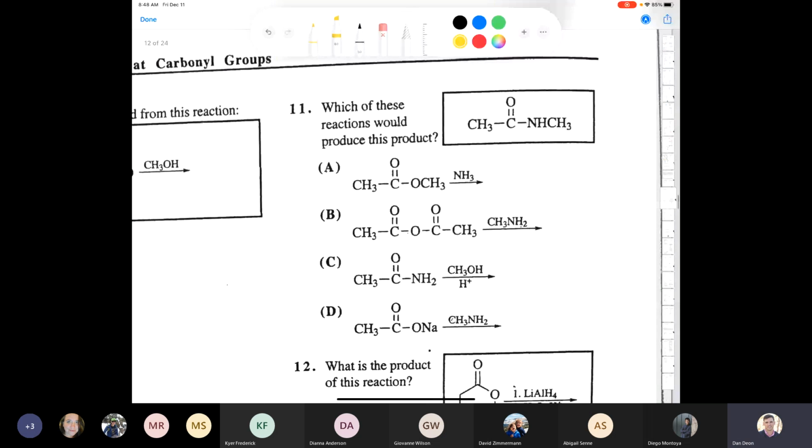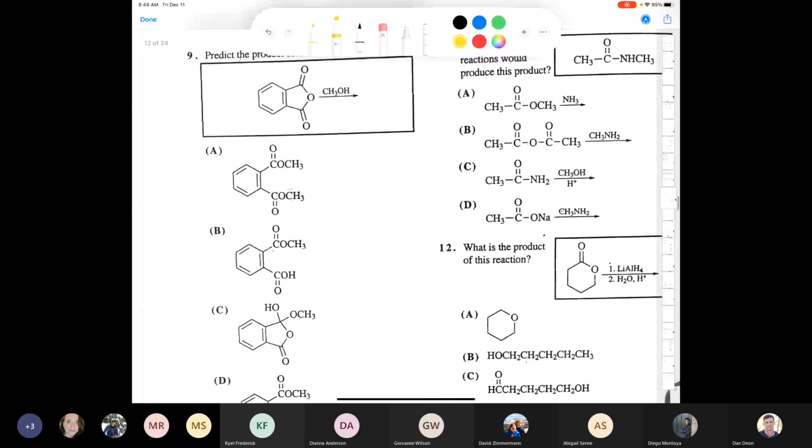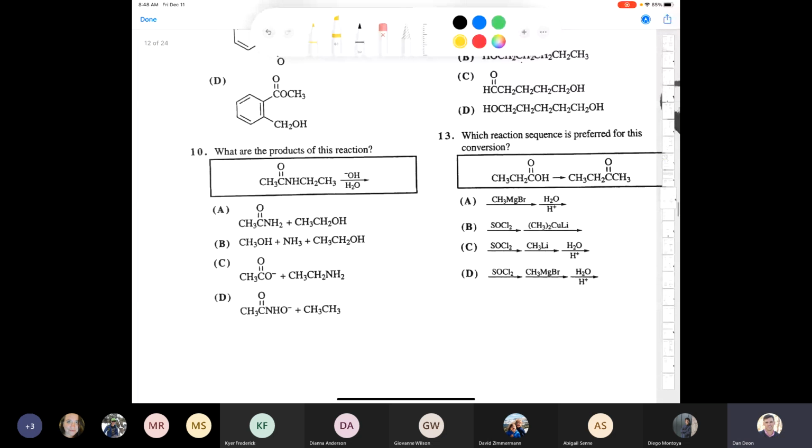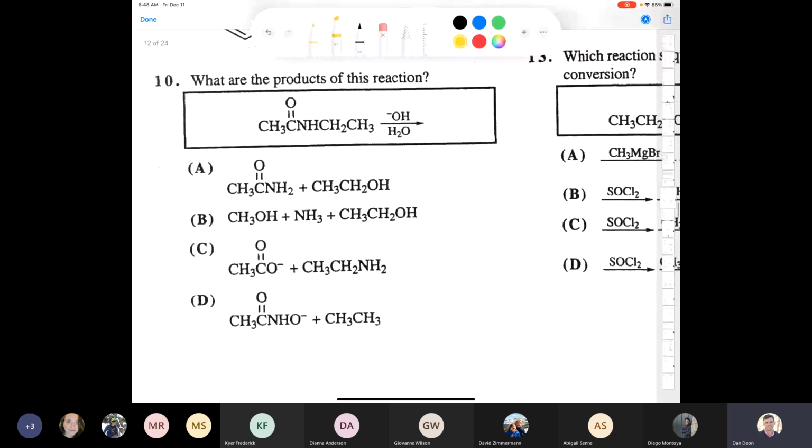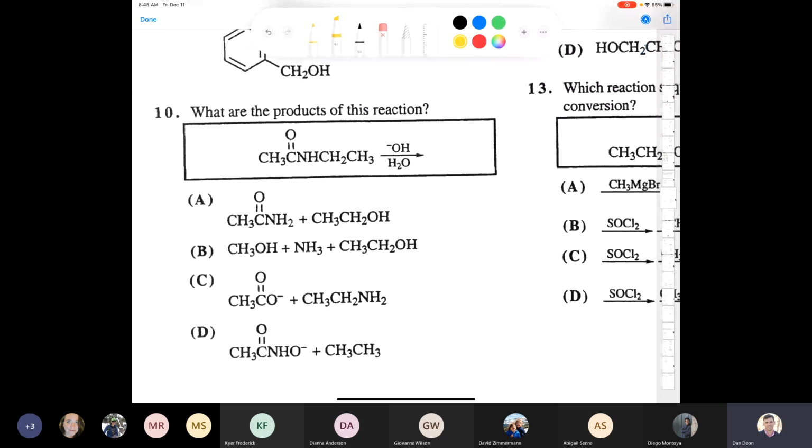Okay, let's move on to another one. Number 10. So basic hydrolysis of an amide. What are the products of this reaction? Well, if we're hydrolyzing an amide, right, we're going to end up breaking which bond?